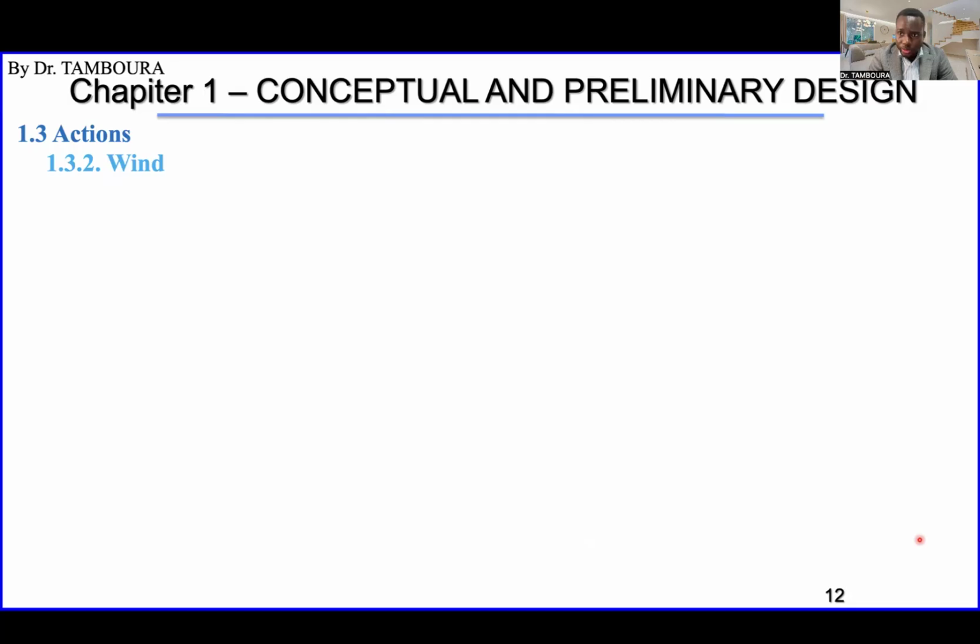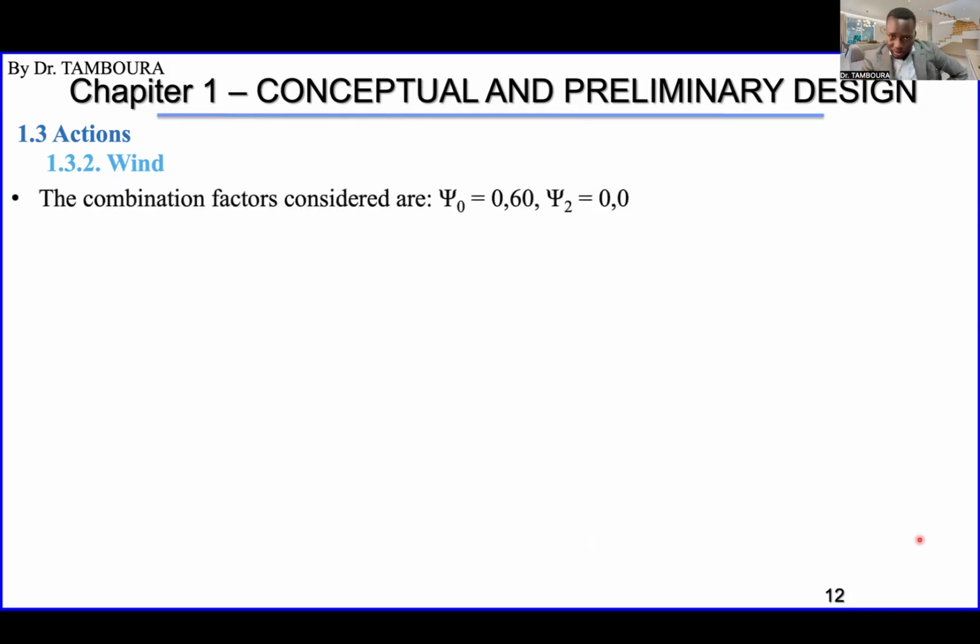How to obtain the value of the force of the wind. So first, the combination factors for this are these values, C0 and C2, same as in the previous slide in the table.